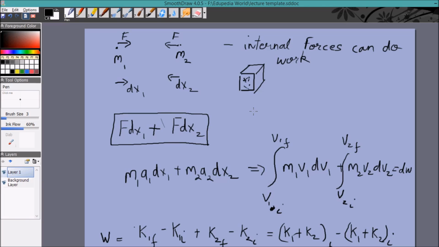right? So we never took internal forces into account in Newton's laws because they always add up to 0. But when we talk about the work done by internal forces, that need not be 0. We saw in this case, internal forces did some positive amount of work, and due to that, the kinetic energy of the system increased, right? Let's move.